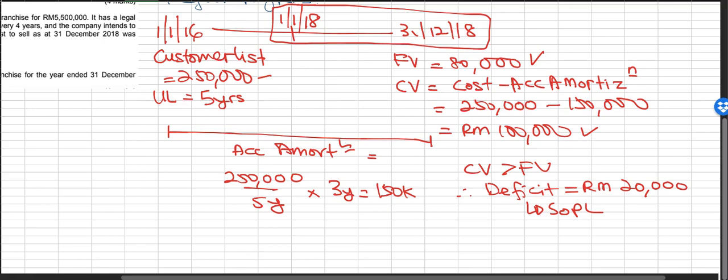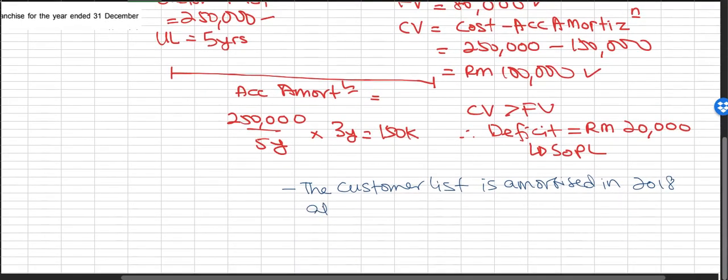Your answer will be: the customer list is amortized in 2018 at RM50,000, that is 250,000 divided by 5 years.